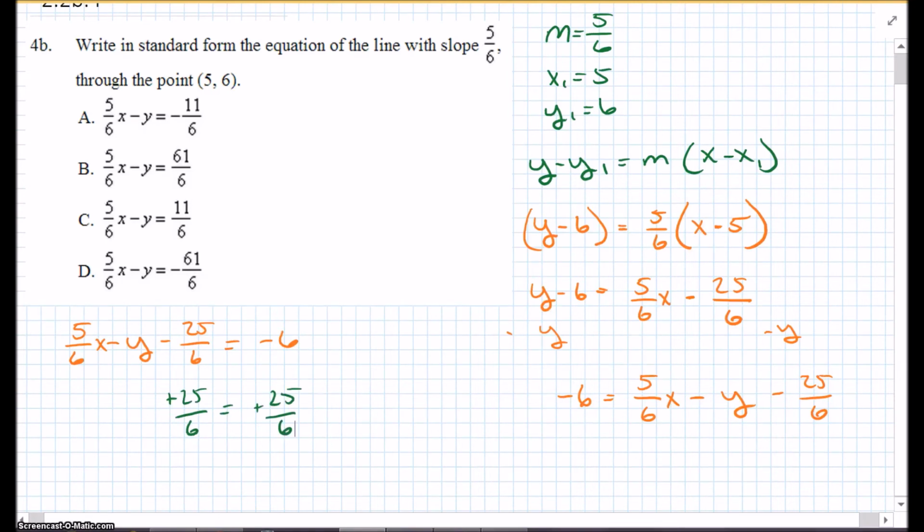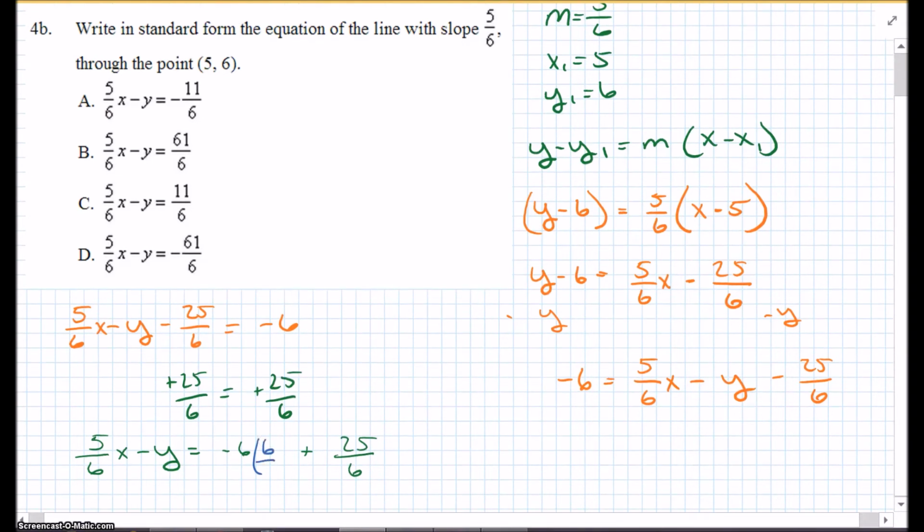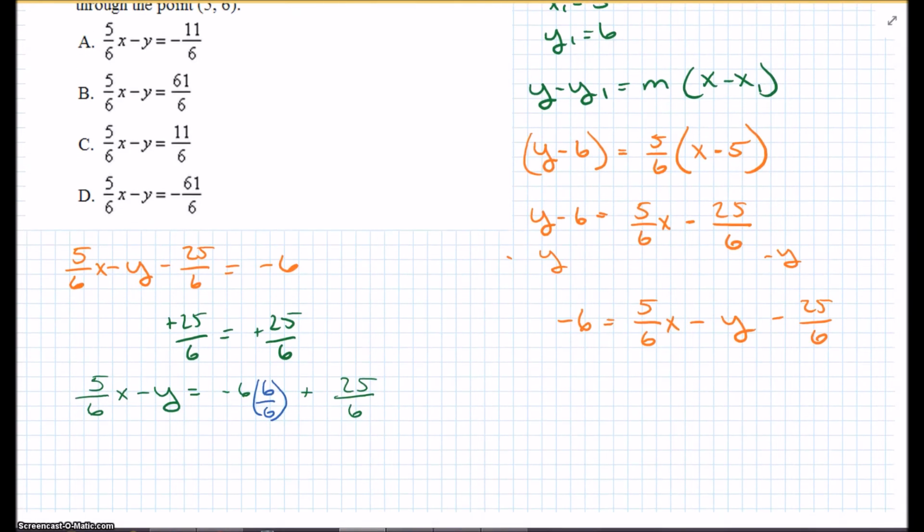Okay. So what I'm going to have, 5 over 6x minus y equals negative 6 plus 25 over 6. So what do I need to multiply that 6 by to get a denominator of 6? Just 6 over 6. So I can rewrite that as negative 36 over 6 plus 25 over 6.